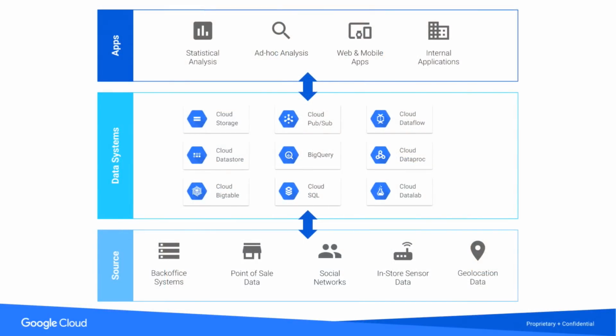So I kind of want to pause again and talk about overall, what do we really see a data lake looking like in GCP? Rather than thinking of it as just one big location where your data lives, think of it more like a project.